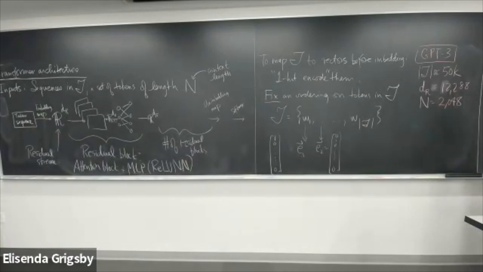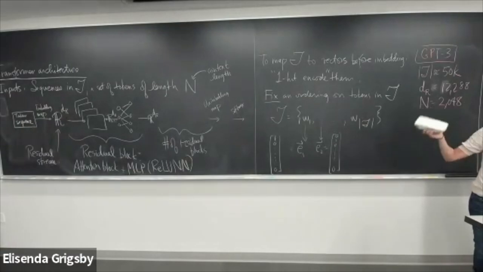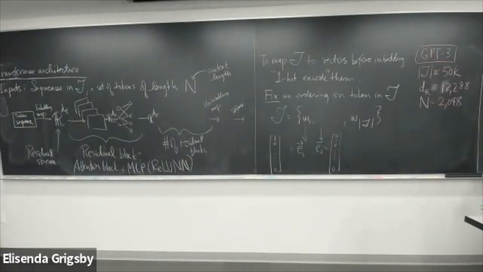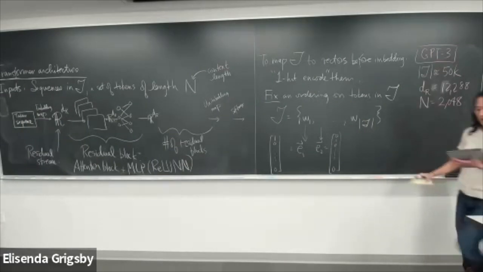Any questions so far? I haven't told you anything about what these attention blocks are. We know a little bit about what MLPs are, and I haven't said much about the embedding map and the unembedding map yet. But just at large scale, this is what's happening.